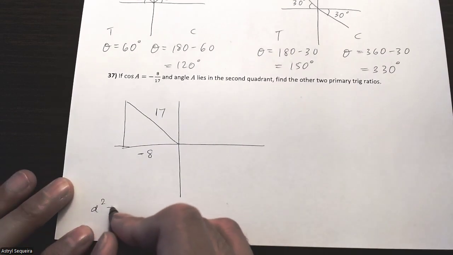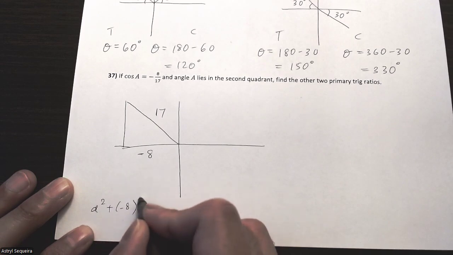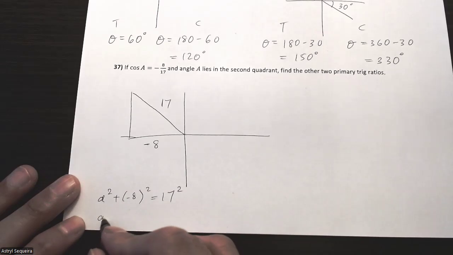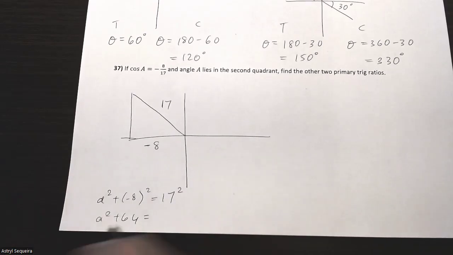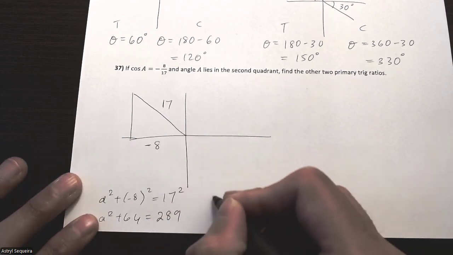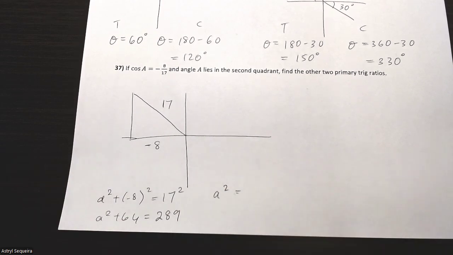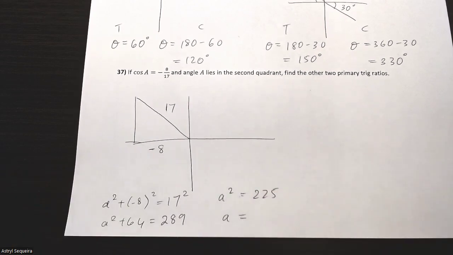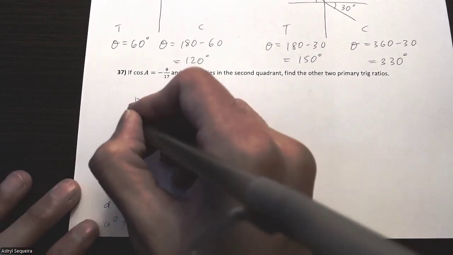Use my Pythagorean theorem to find my opposite side. And I get that to be 15.